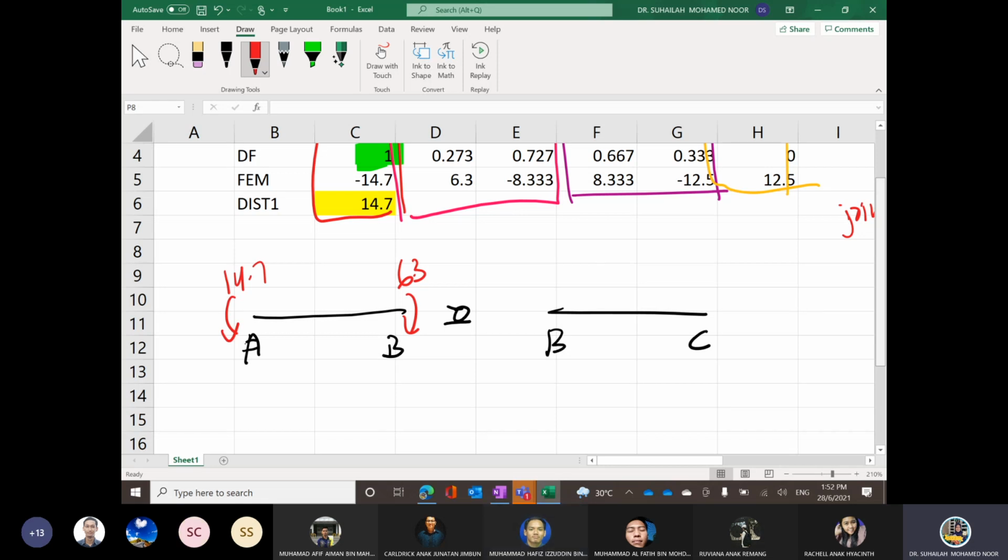For BC we have 8.333 and positive 8.333.